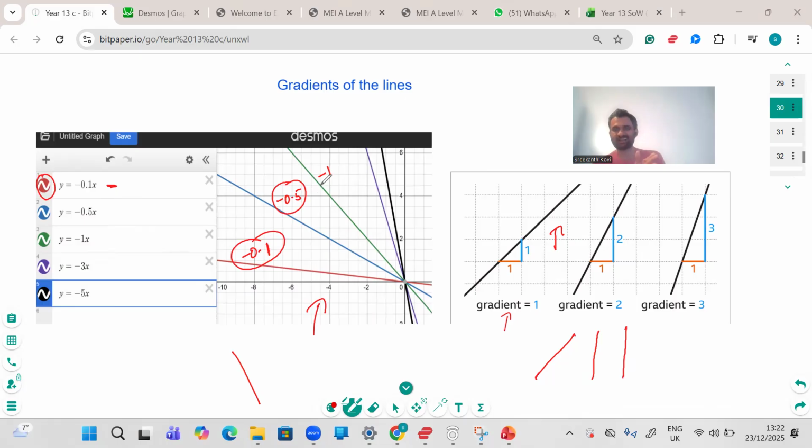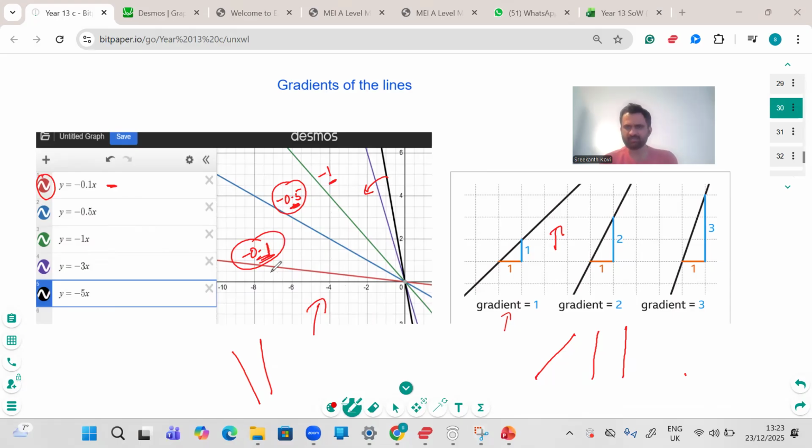On the negative side, as the steepness increases, the value decreases, isn't it? So here, as it steepens vertically, the gradient decreases. Here, the gradient increases as it steepens, and there, the gradient decreases as it steepens.